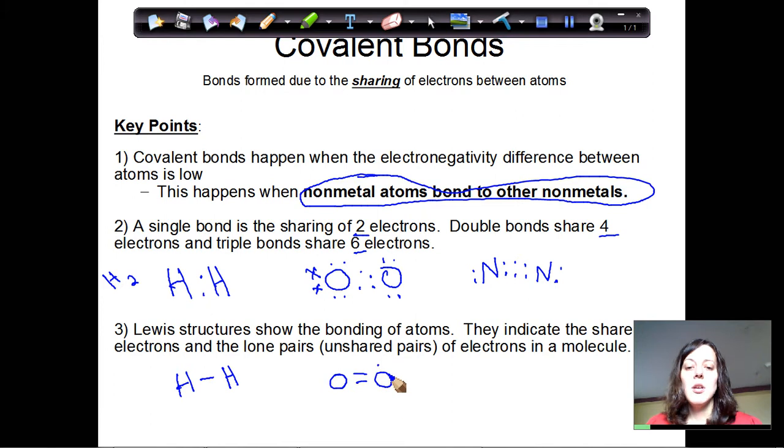And we wouldn't ignore the lone pairs, because the lone pairs are really important for stability purposes. And then lastly, with that triple bond, we would draw 3 lines, remembering to draw in the lone pairs. So from now on, if you want to draw this or draw this, it really doesn't matter to me. They both get at the same thing.